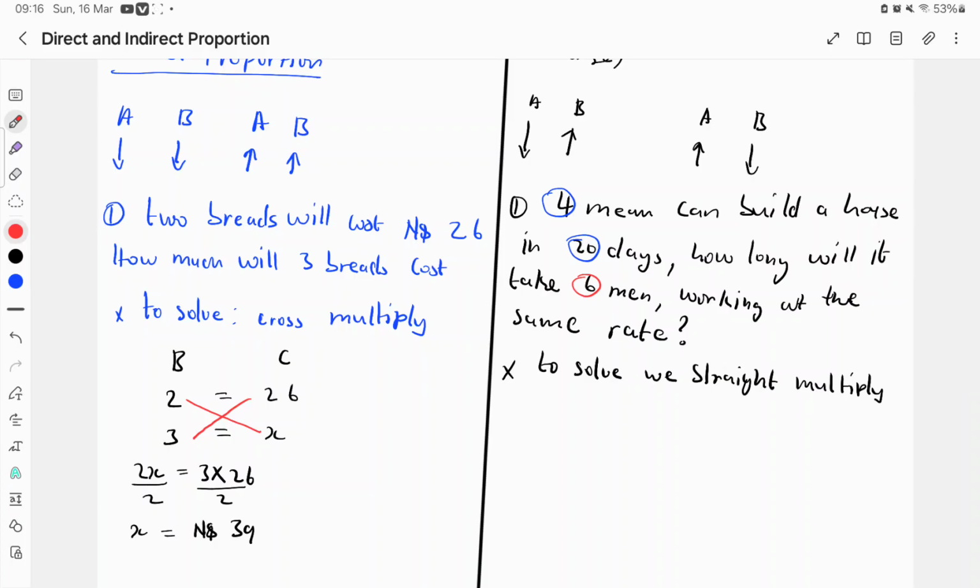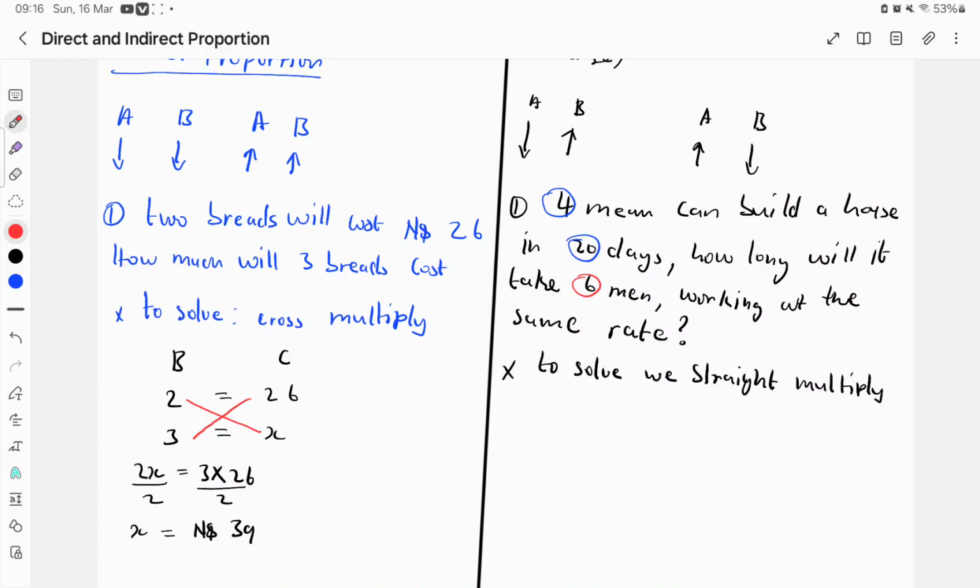If these men are all working at the same speed, it means the 6 men will take fewer days. So if you increase the number of men, the number of days decreases. If you reduce the number of men, the number of days increases. That's why we say these quantities are inversely or indirectly proportional.